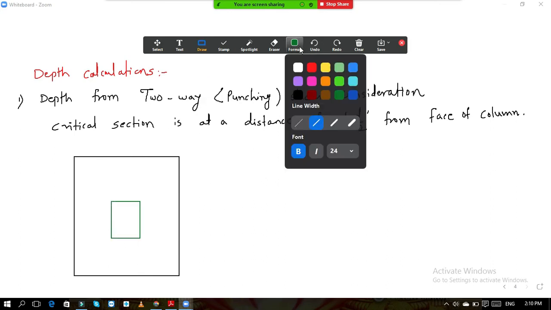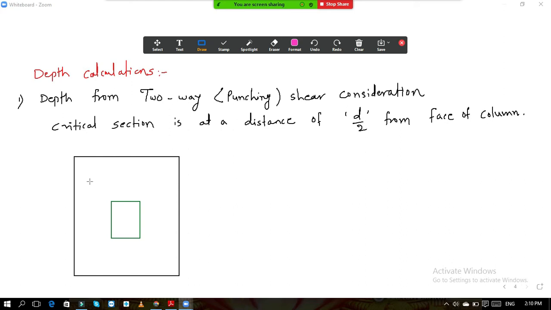So at d by 2, I will draw one more rectangular section for the critical section. It is like this. So here, this distance, these all distances are d by 2.